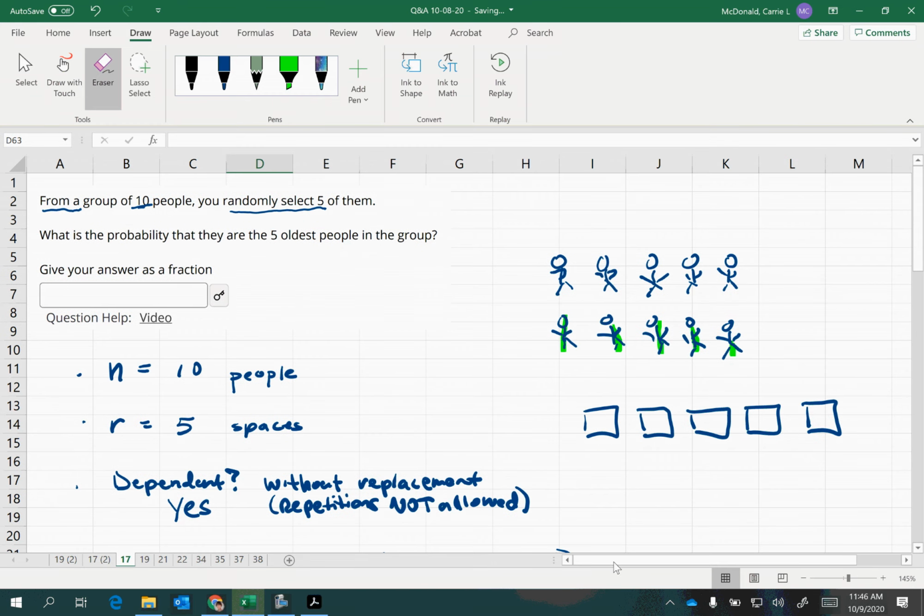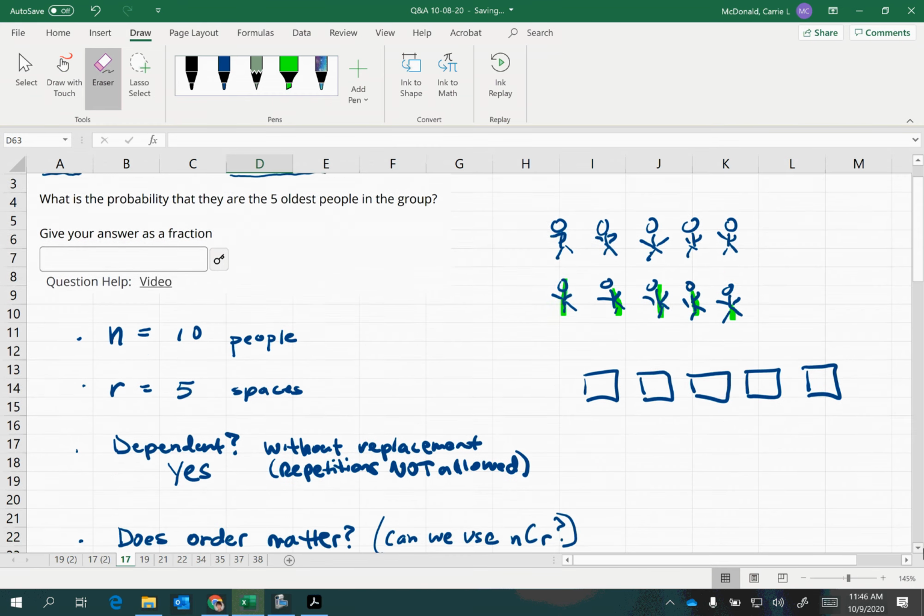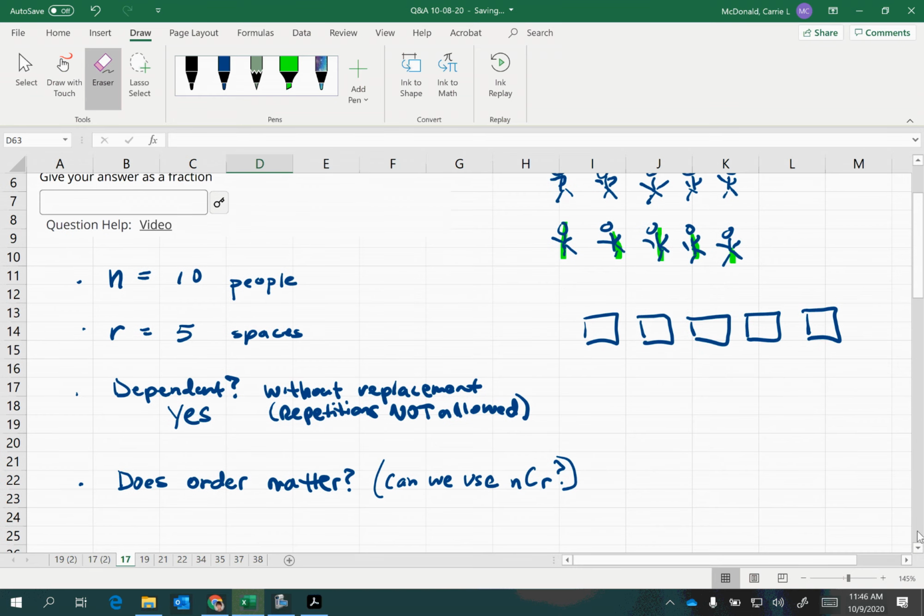Okay, so now that order does not matter, we can use the combinations formula. Keep in mind, since order does not matter, I know I want to use the combinations formula, but also you have to keep in mind that if you don't ask these questions in this order, you might miss something.